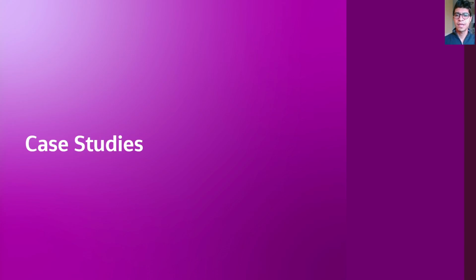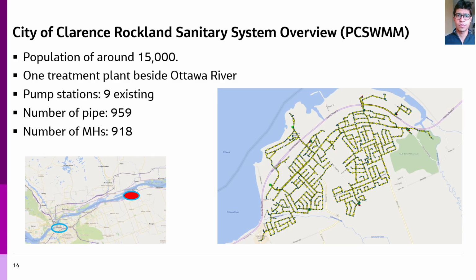So, now the case study, the real case study that we used, City of Clarence, Rockland. You can see, if you follow the cursor around here, this is the capital of the nation, Ottawa, and this is City of Clarence, Rockland, and here's a closer view or zoom on the right hand side. Here's the model in PC Swim. You can see the urban forms and what the model looks like, and where the flows come and go.